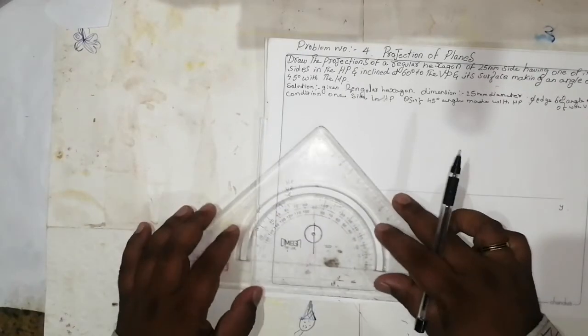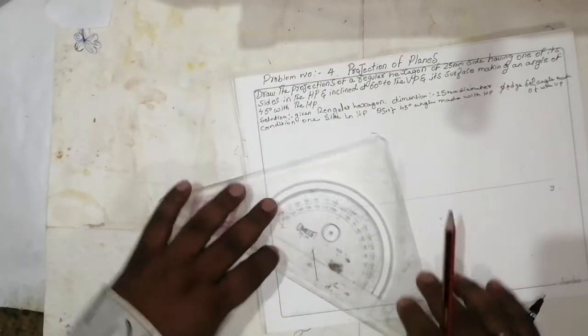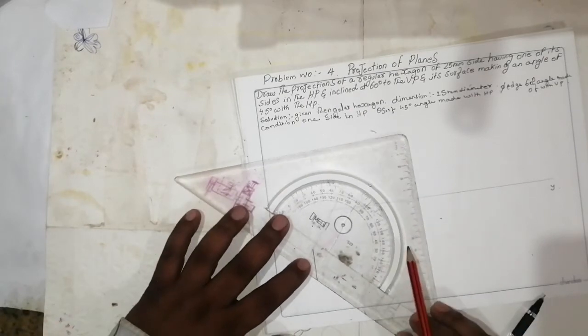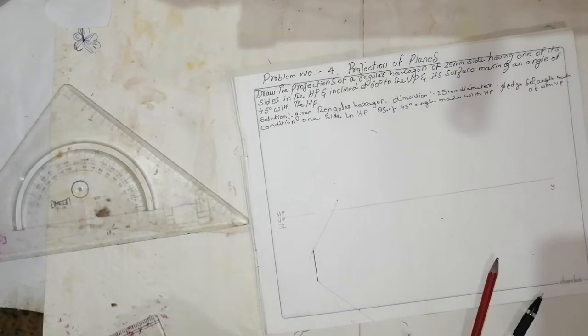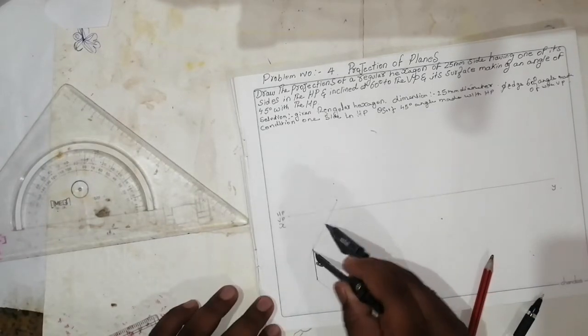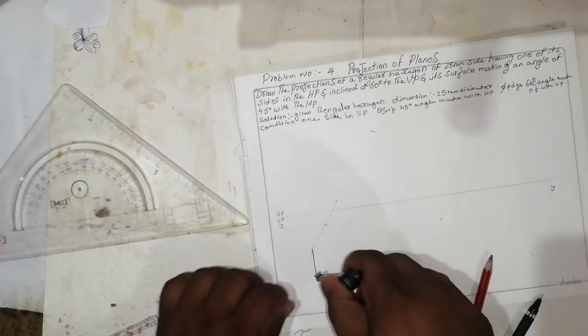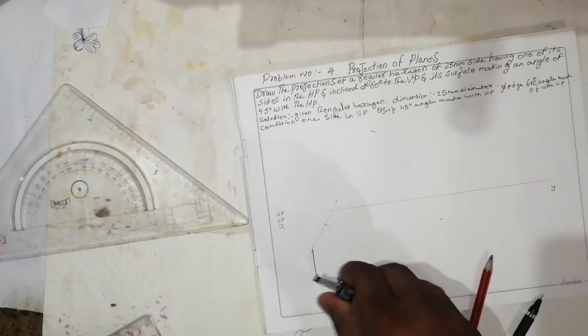Take 120 degree from here, so that it will come like this, as a regular hexagon has 120 degree angles. After that, make 25 mm from here, cut an arc. Take 25 mm from here, cut one arc.